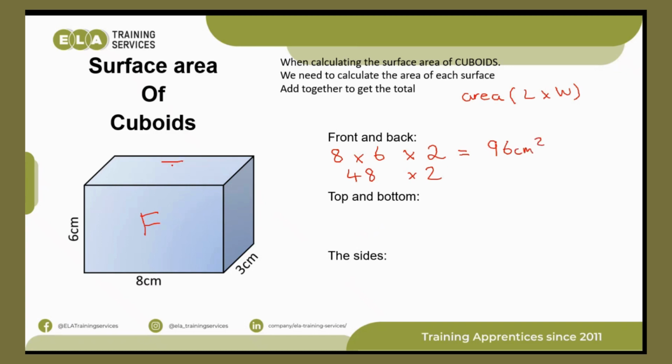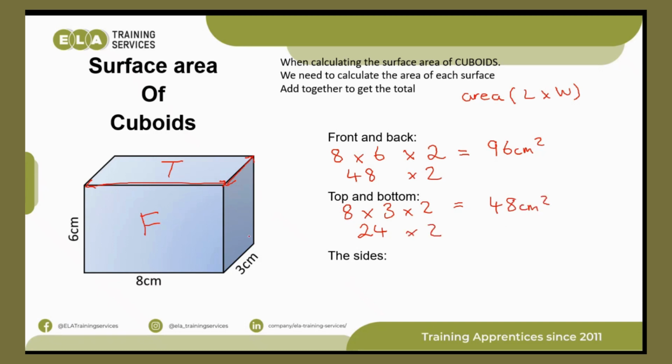We're then going to do exactly the same to the top. So we're going to do our length, which is 8, multiplied by our width, which is, as you can see, 3. So 8 times 3 times 2, because we want the bottom, which is exactly the same. 8 times 3 is 24, times 2, which is 48 centimetres squared.